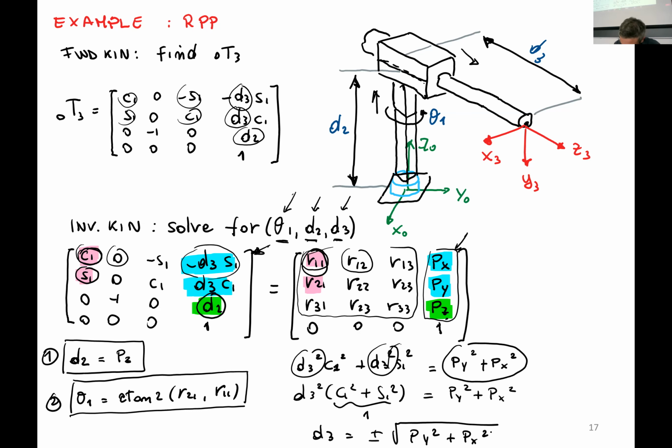In alternative, we could, for example, do this: px s1 plus py c1. You remember that we computed theta 1 before, so these are numbers.